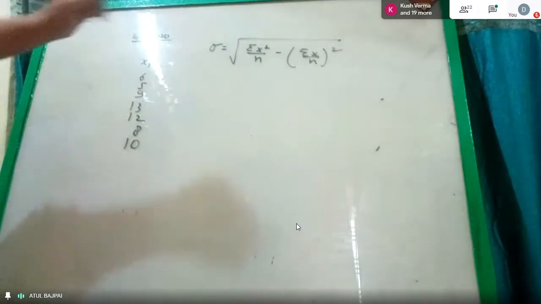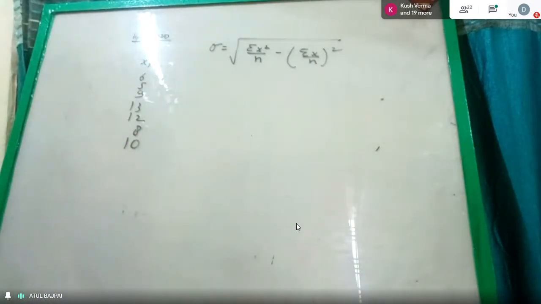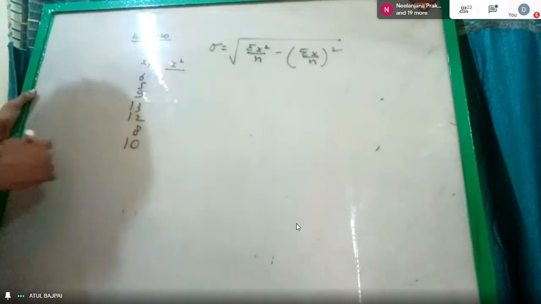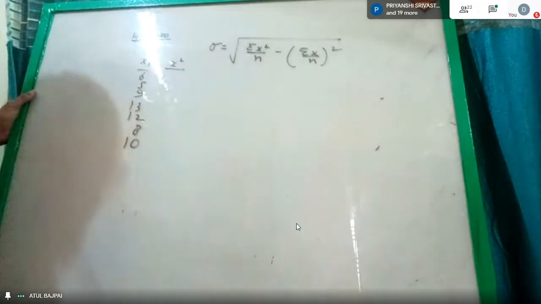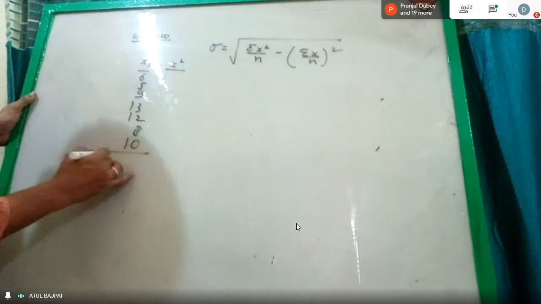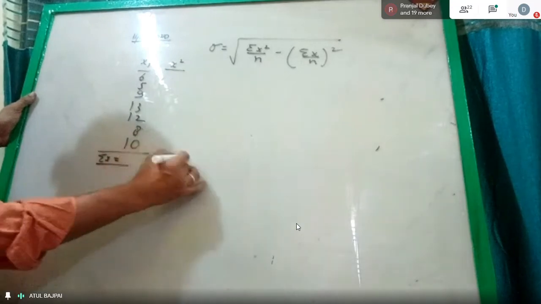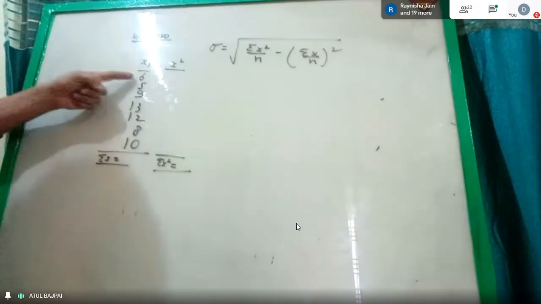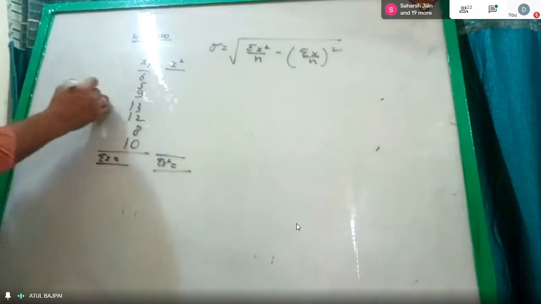That means we need to find x square also, and sigma x also. What sigma x value are you getting? What sigma x square value are you getting? And how many n are there? 1, 2, 3, 4, 5, 6, 7. I'm getting n is 7.